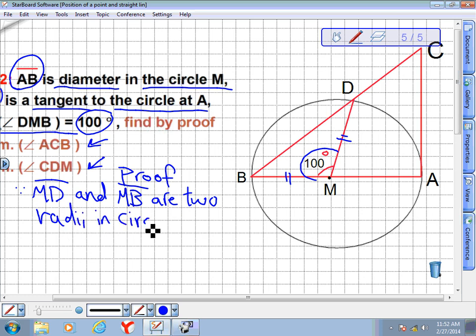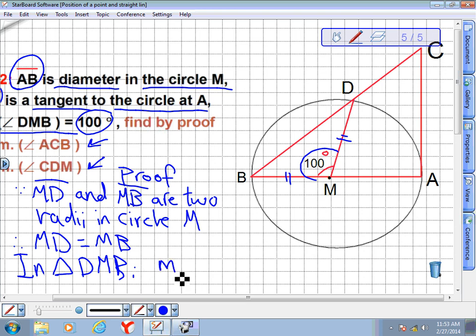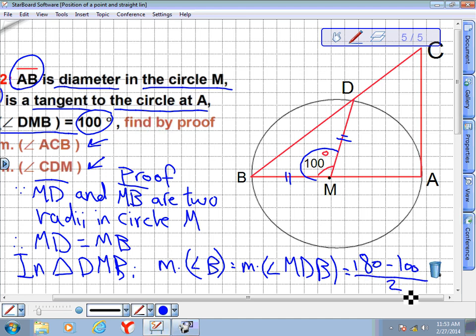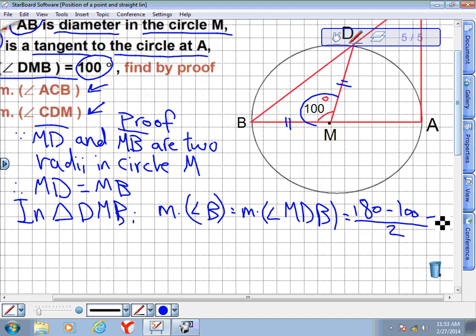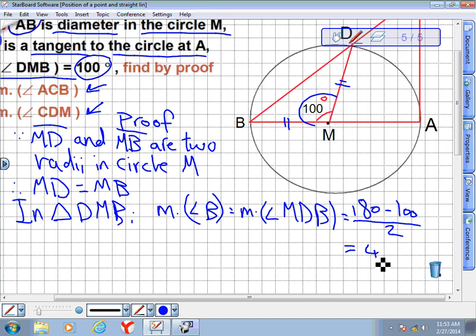in circle M, therefore MD equals MB. In triangle DMB, we will find that measure angle B equals measure angle MDB equals (180 minus 100) over 2 equals 40 degrees.